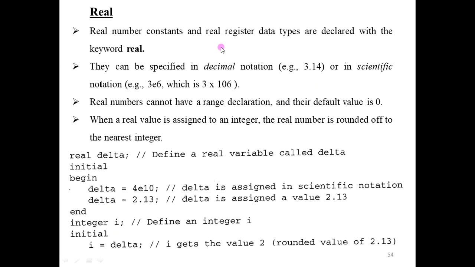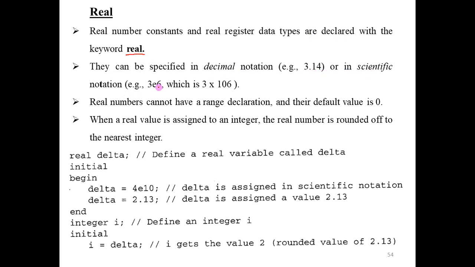Next comes the real data type. The real data type also falls under register data types. Real number constants and real register data types are declared with the keyword real. They can be specified in decimal notation or in scientific notation.